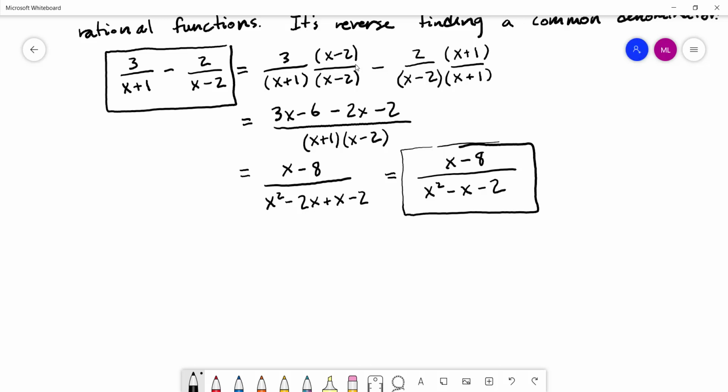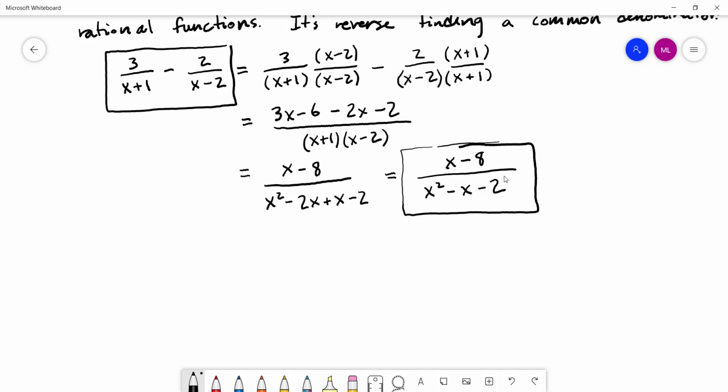And so it turns out that this is totally equivalent to this. Those two mathematical expressions are equivalent. One is made up of two relatively simple rational functions, and one is one big complicated rational function. When we do partial fraction decomposition, we may encounter something that looks like the more complicated version, and we want to integrate that.